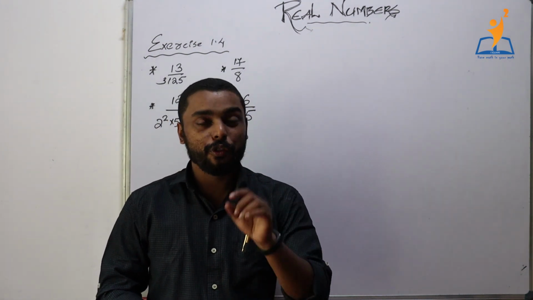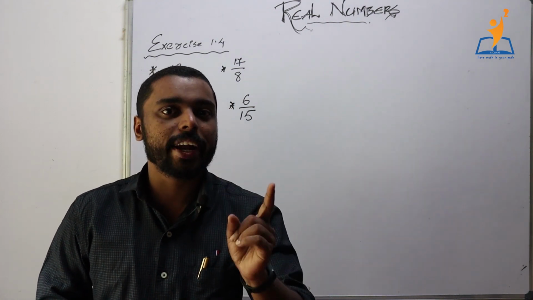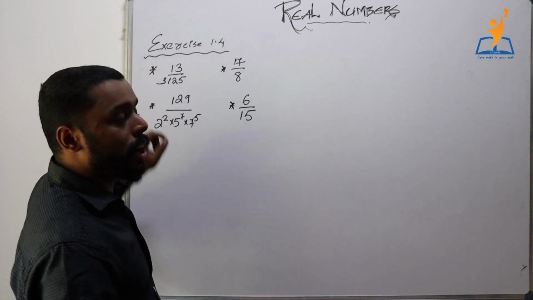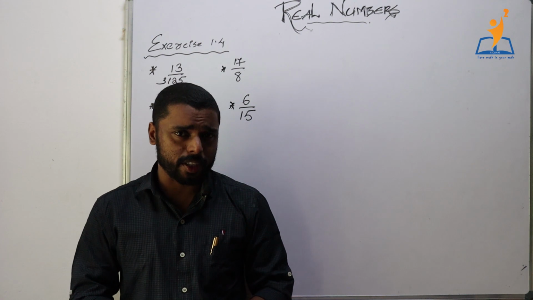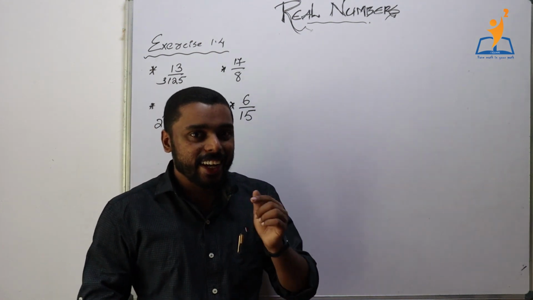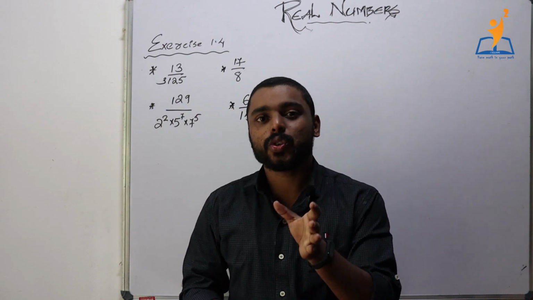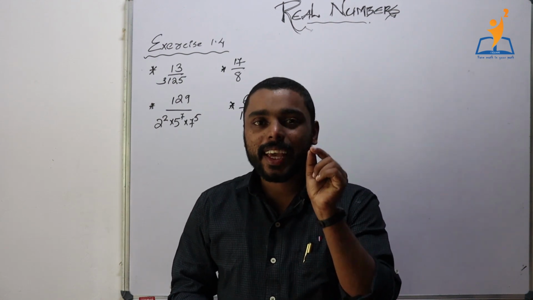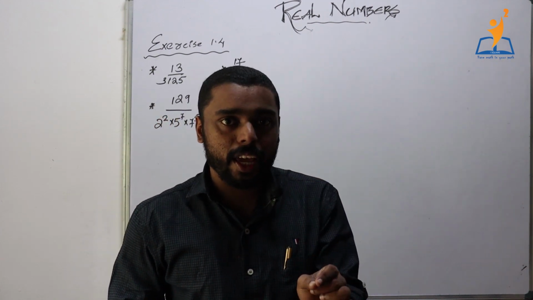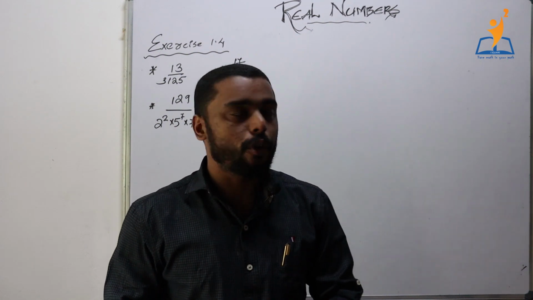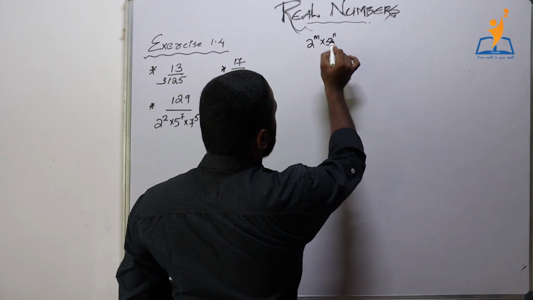3125. We are asked to identify, without performing actual multiplication, whether this rational number has a terminating decimal expansion or a non-terminating decimal expansion. We learnt in the last class that any rational number of the form p by q has a terminating decimal expansion if and only if its denominator is of the form 2 raised to m into 5 raised to n.